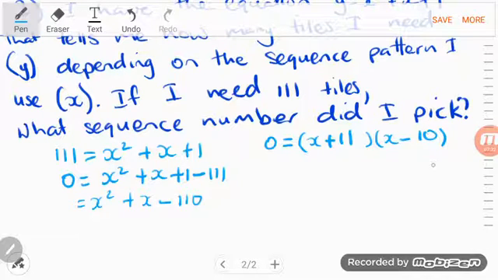Well, let's see, shall we? If we divide 0 by, say, x plus 11, so it'll look like 0 divided by x plus 11.